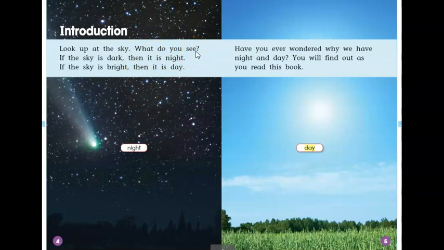If they're asking a question, then they're not giving me important information. Let's keep reading. If the sky is dark, then it is night. If the sky is bright, it is day. Is that giving me information about night and day? Absolutely. That is going to be my key detail that I want to take away from this chapter and put in my key details web.